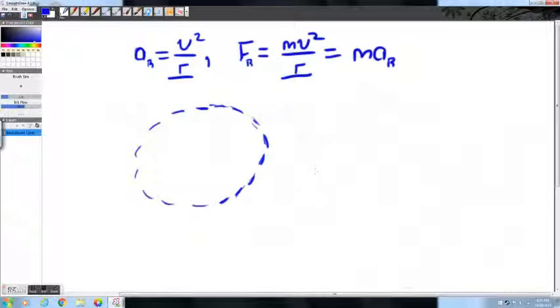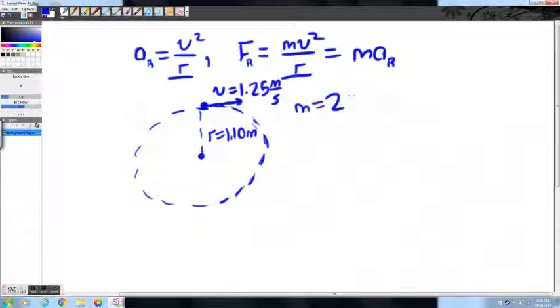Let's look at solving some problems. First one we're going to look at is an object in a horizontal circle. We have radius 1.10 meters, so the object is moving in this circular path 1.10 meters from the center, with a velocity of 1.25 meters per second, and the object also has a mass of 25.0 kilograms.